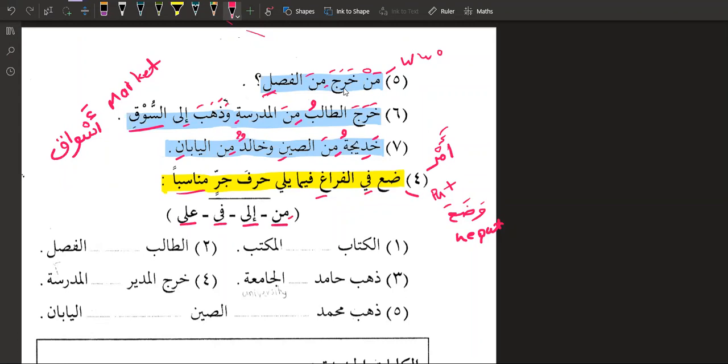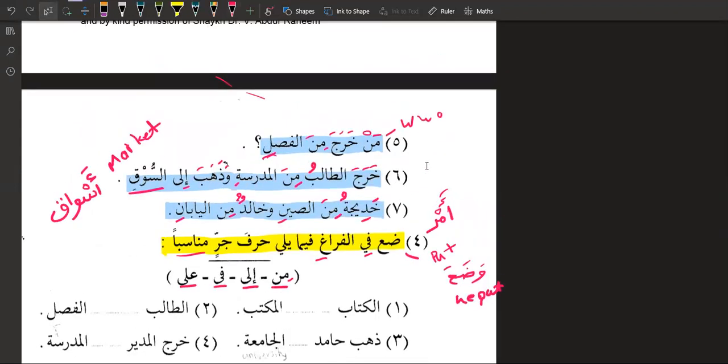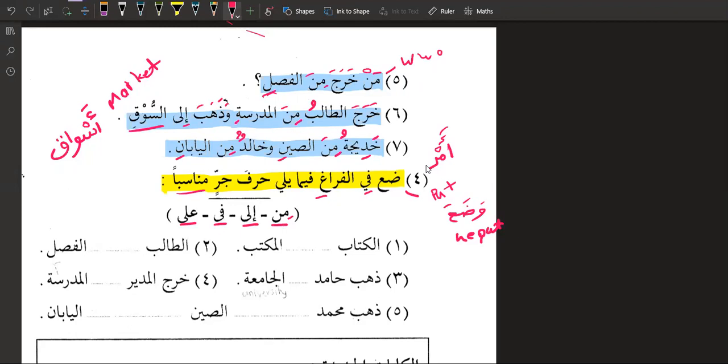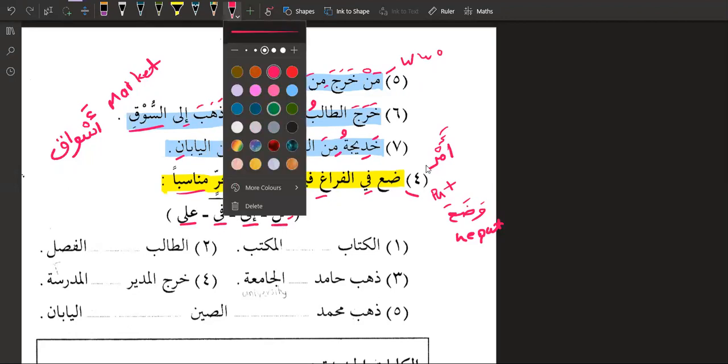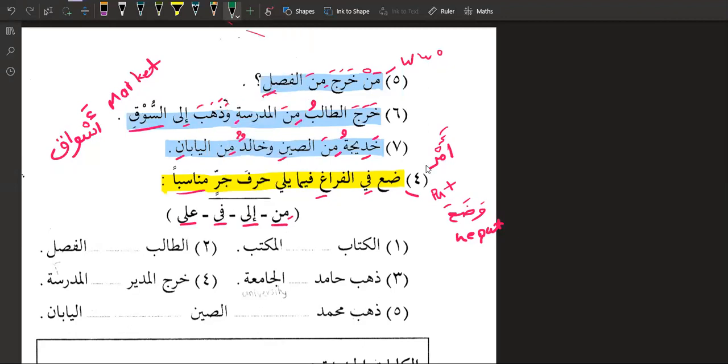We have من, from, إلى, to, في, in, and على, on. We have to put a suitable one in these sentences in order for the sentences to make sense. So let's go with إسماعيل.